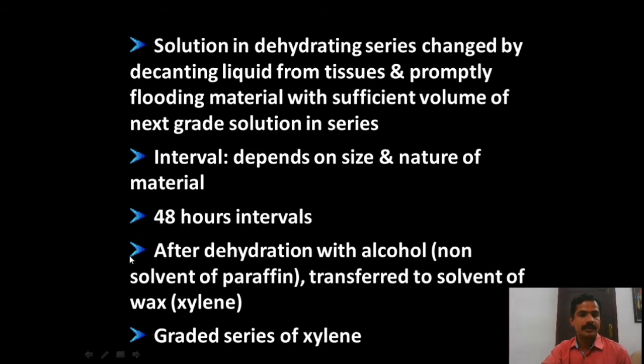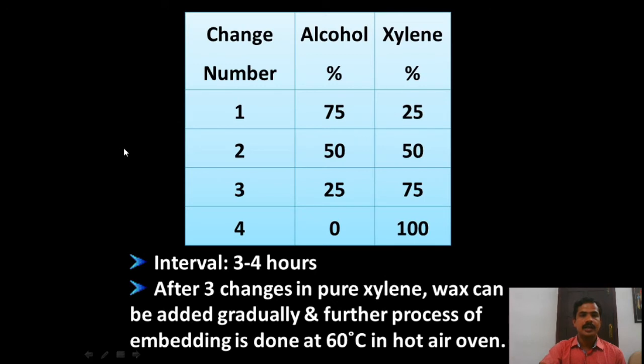For this, different graded series of xylene can be used, as shown in this table. This shows the concentration of alcohol and xylene. The first grade is 75% alcohol and 25% xylene. Then 50-50, equal alcohol and xylene.